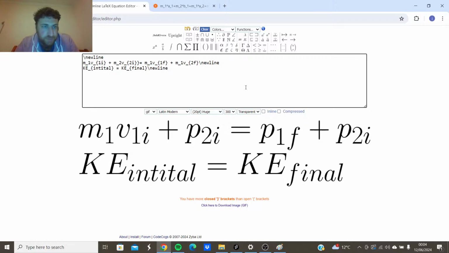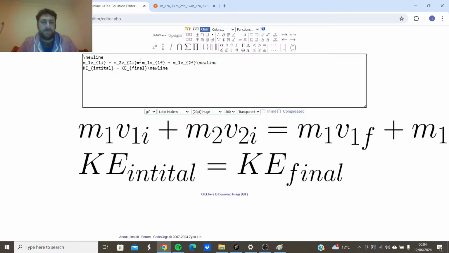You have more closed brackets than open brackets. Where? Oh, there. Okay. That is too big, but this is our original momentum equation.